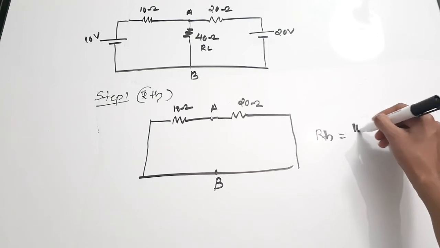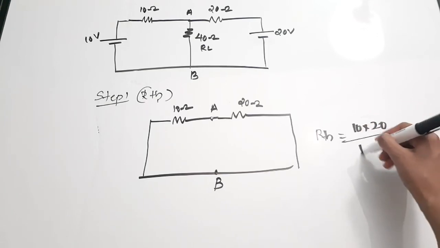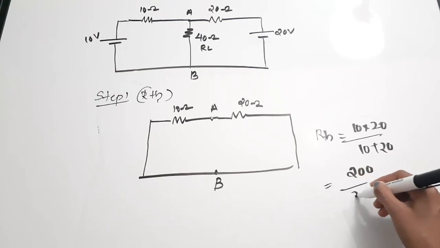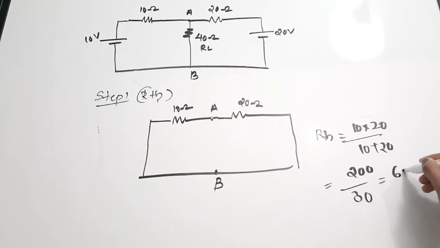So it is 10 into 20 by 10 plus 20, that is 200 by 30, or you'll get it as 6.67 ohms. So this is your Thevenin's equivalent resistance. Okay, so we have obtained the RTH value.